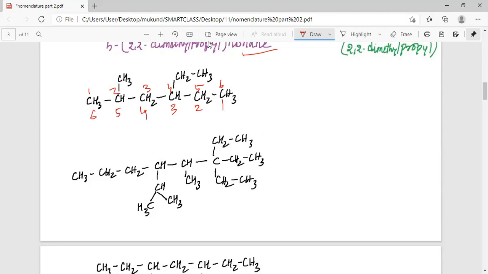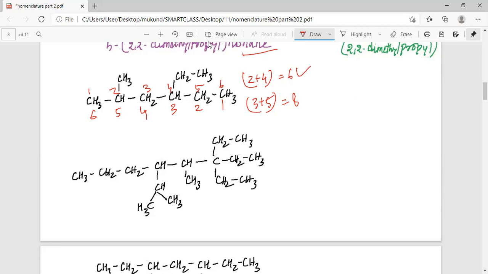Now if we write the branches, we will find it here 2 plus 4, and for this case we can find it as 3 plus 5. So, my dear students, according to the lowest sum rule, we will have this kind of numbering which will be considered as the correct numbering. Now on second carbon we have methyl, on fourth carbon we have ethyl.